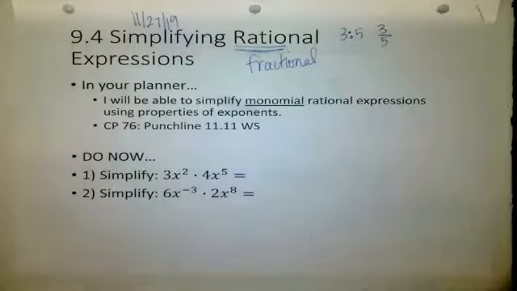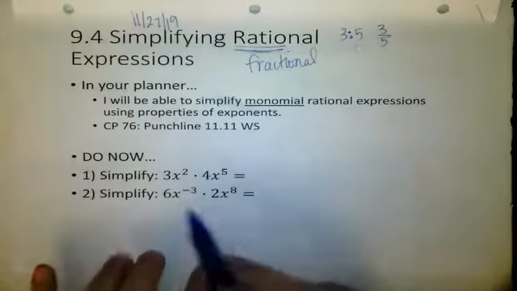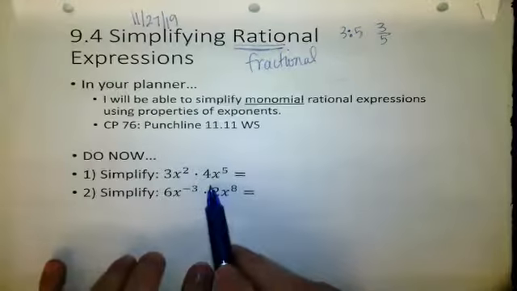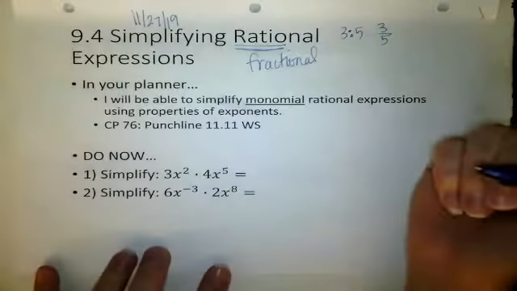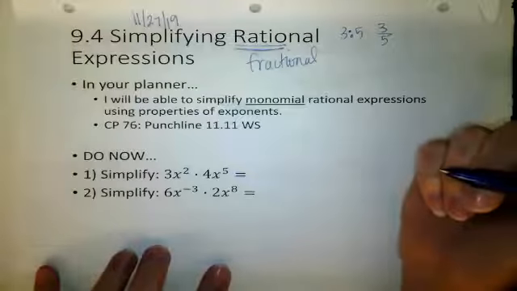So today we're starting with some exponent properties, which hopefully you know. We've done this before. 3x squared times 4x to the 5th is what? What number do you get? 12.